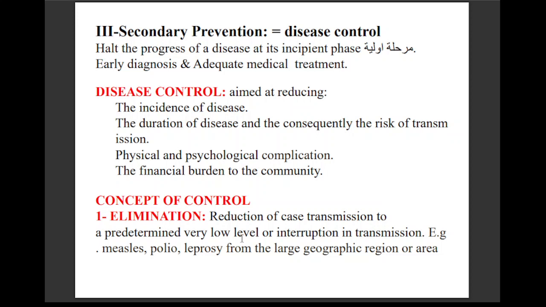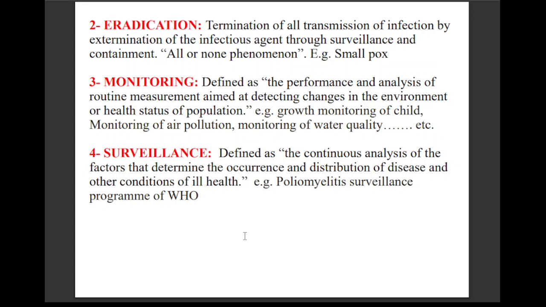Say for example, this threshold is 1000 cases per country per month. They consider this a threshold. Nowadays it is more than 10,000 or a lakh or like that, so there is no elimination. If the number of cases has been reduced to less than 1000, then we can consider that there is an elimination of that particular disease or infection.